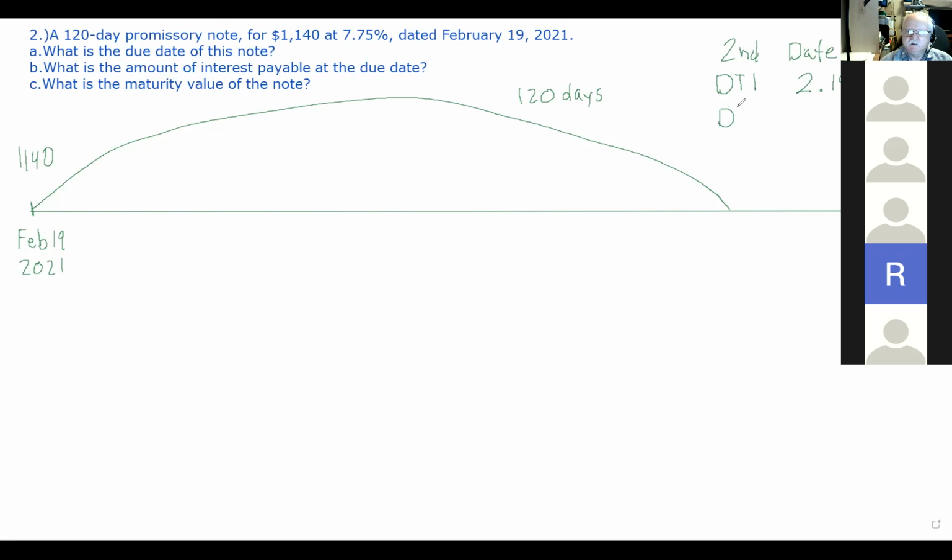And then we're looking at DT2, but annoyingly enough, we don't know DT2. So we just hit the down arrow. Now we're looking at days between dates. And in this case, we know the days is 120. So we go enter, and now we'll hit the up arrow. And now when we hit that up arrow, we'll go back up to DT2. And now we can go compute.